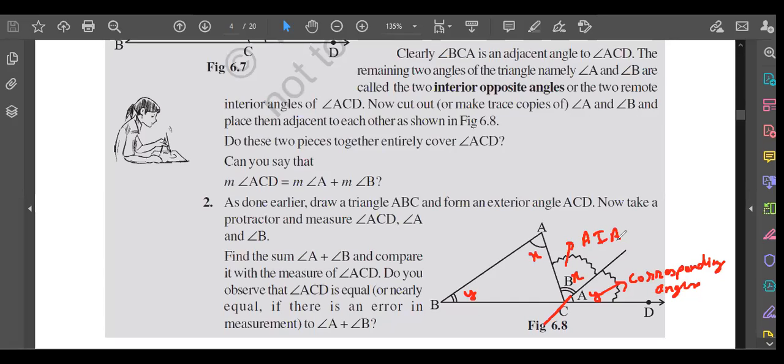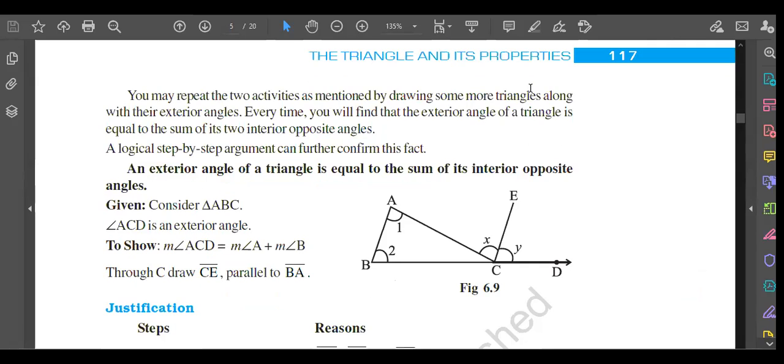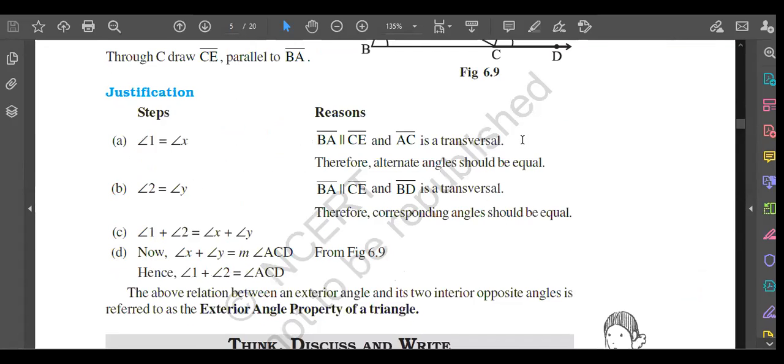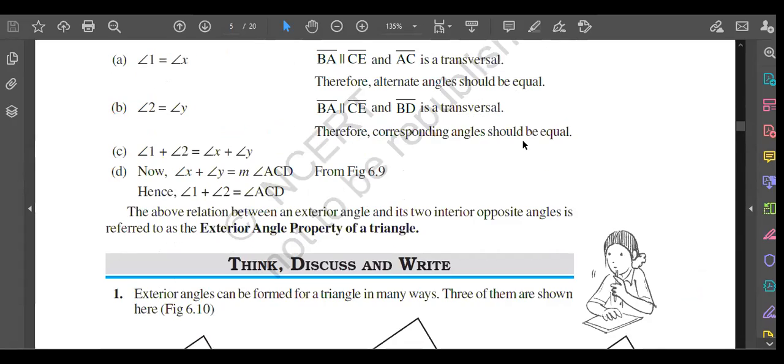Okay, very good. So in the last chapter we studied this property, and in this chapter we studied the derivation. I hope all of you understood. This is how you prove it. We have already proved this. I hope all of you remember.